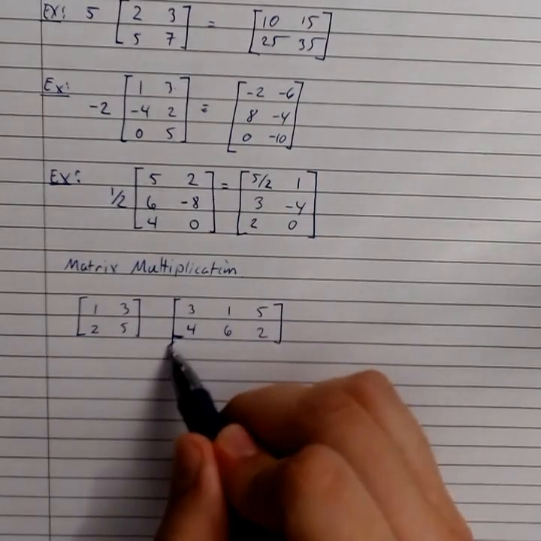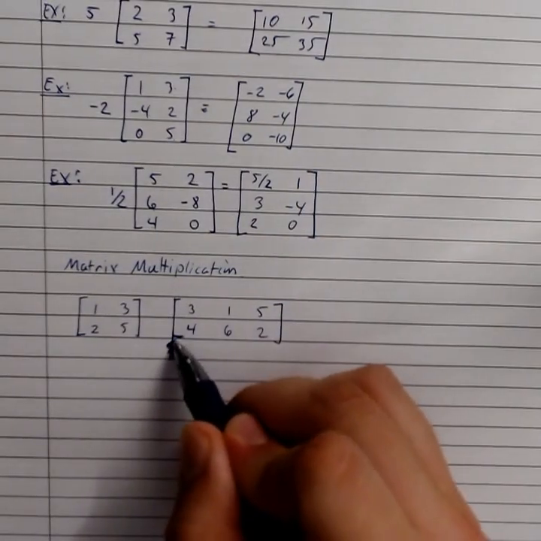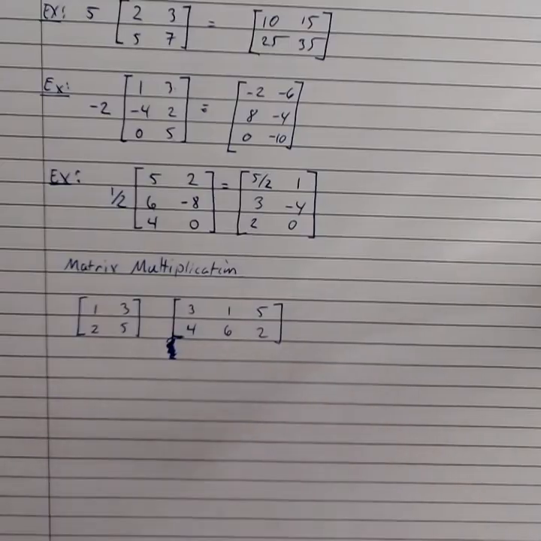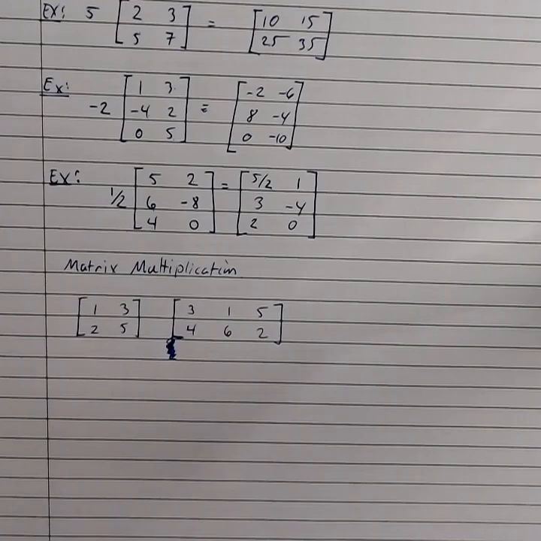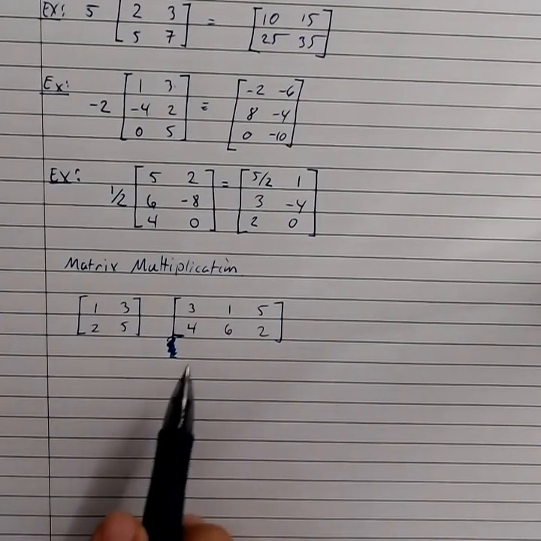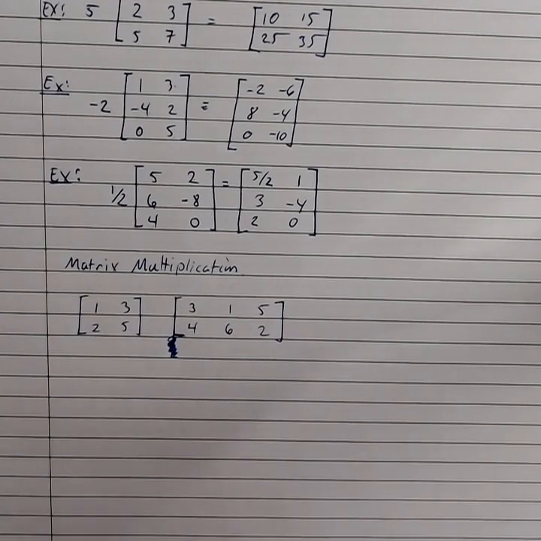So here, that's a 2 by 3 matrix. All right, these two matrices are not the same size, but that doesn't mean we cannot multiply them. Maybe we can, maybe we can't. You say, well, how do you check?